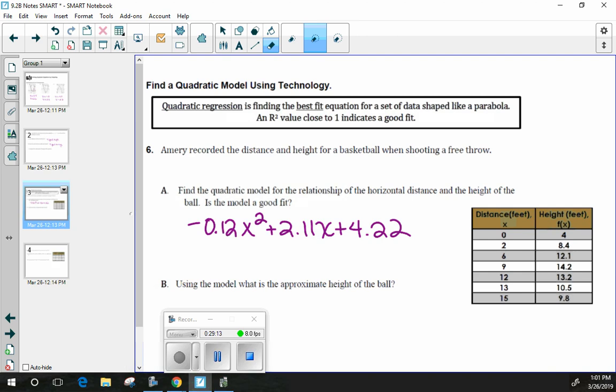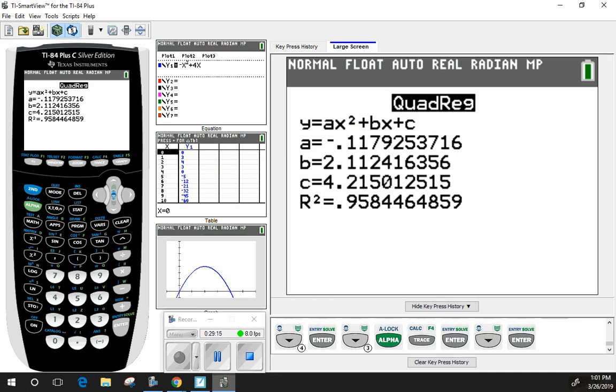Okay, so there's the model that best fits our data. Is it a good fit? Well, that really relies on that R squared value. Remember this guy? So if this is 0.96, which is pretty close to 1, would you say this is a strong correlation or a weak correlation? Strong, right? The closer it is to 1, the stronger the correlation, the more accurate or close to your points your prediction is.